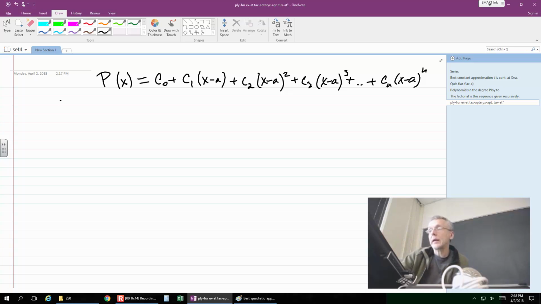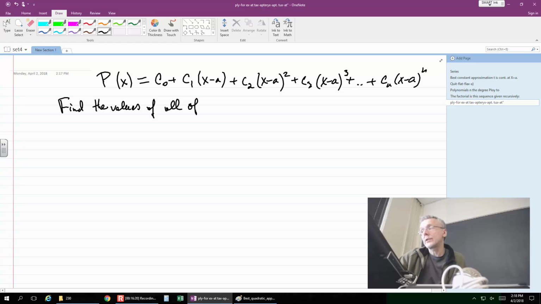I want to find the values of all of its derivatives at a. Remember, that is our goal, not the derivative as a whole, but just at a, because that's where we're going to try to approximate. We try to match our polynomial with the function.